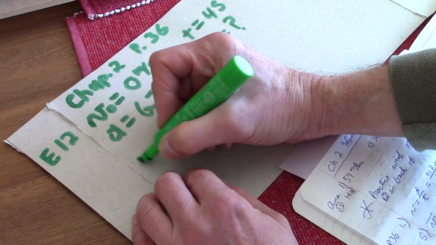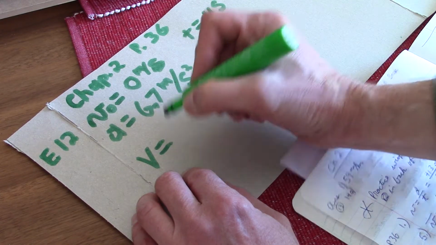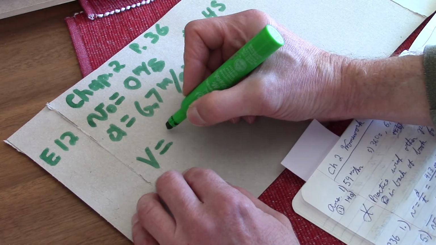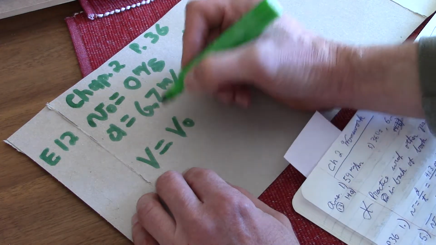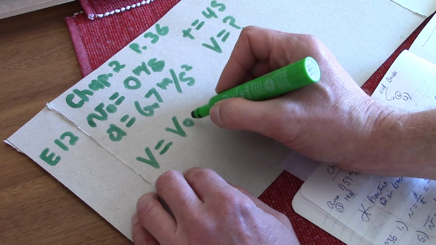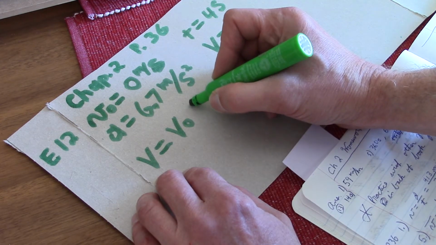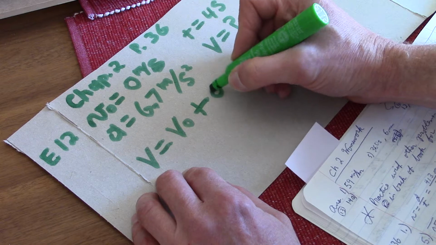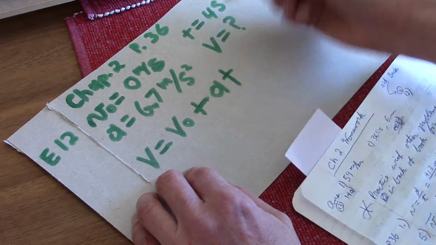Well, we know from reading the book and looking at the previous video, we can use V0. This is just if there was any velocity that the car was already traveling at. There's not in this case, but we can still do that. Then your acceleration times the time that you accelerated.